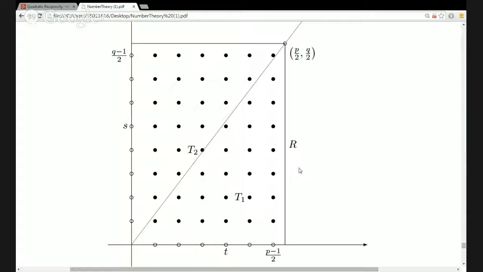The other way of counting them is to count them in the two triangles. All the black dots subdivide into the dots beneath the line, which is triangle 1, and the dots above the line in the triangle area, triangle 2.